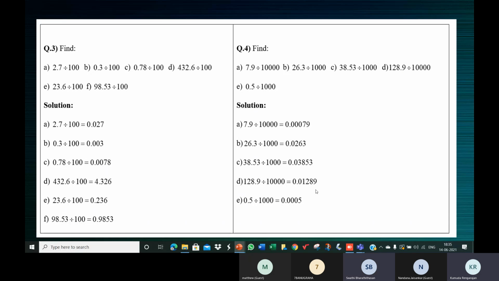But in 1289 only four digits are present, ma'am. So we have to add a 0 to the extreme left of 1289, so it will be 5 digits. So it will be 0.01289, ma'am. Very good.